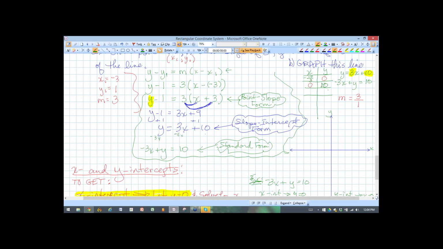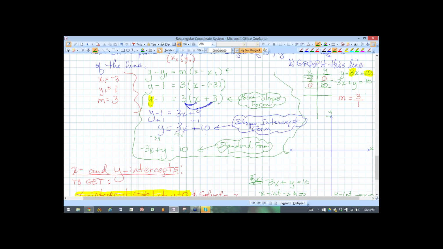Okay, some other things I could do here. Like, I don't want to have to plot negative 10 thirds, right? We know it's 3 1/3. It's a little bit after the 3. I get it. But let's kind of, great, we got the intercept, but let's choose something else now, okay? Let's go back into slope-intercept form, y is equal to 3x plus 10, and choose a point that would be, you know, handy.